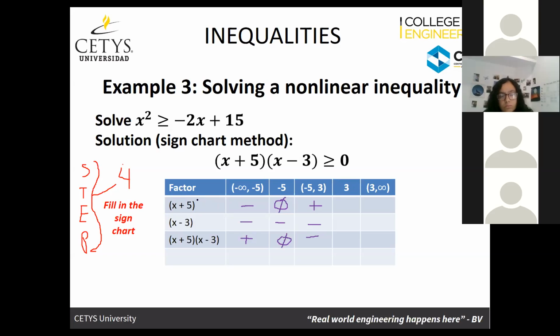A plus. We get an 8 and it is positive, correct? If I take the 3 and substitute it in the second factor, what do I get? 0. Correct. We're always going to get that with the roots. If I multiply the 2 factors, what am I going to get? 0. Thank you very much, Iskra.